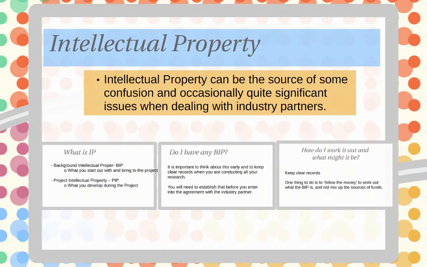There's some huge fight going on around this. People have ended up in court having to fight about this. So it is good for you to think about and also make very clear, before you get involved in this relationship, to clarify who owns what, especially when it comes to the raw data.